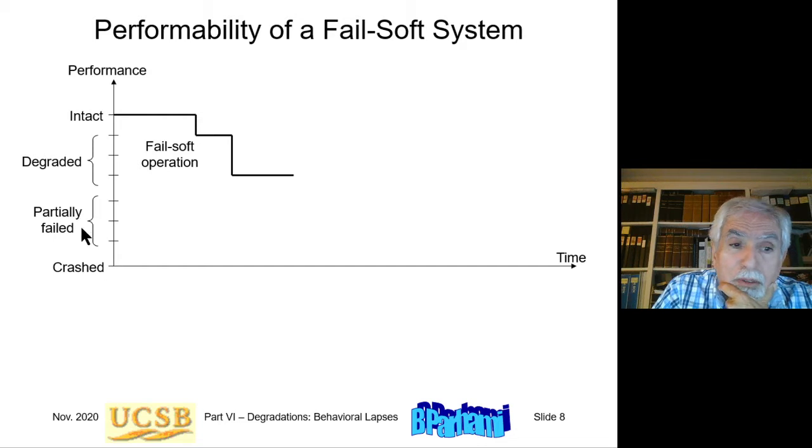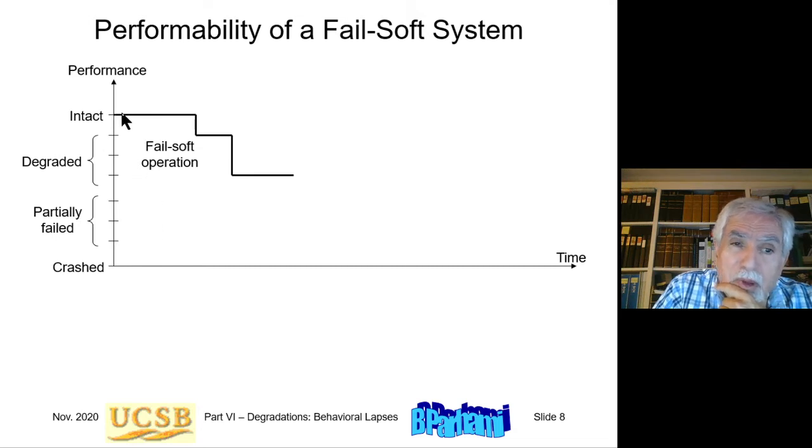Some of these we call partially failed. The system is still operating, but at much less performance or functionality. So it's a matter of degree whether we call a system degraded or partially failed.